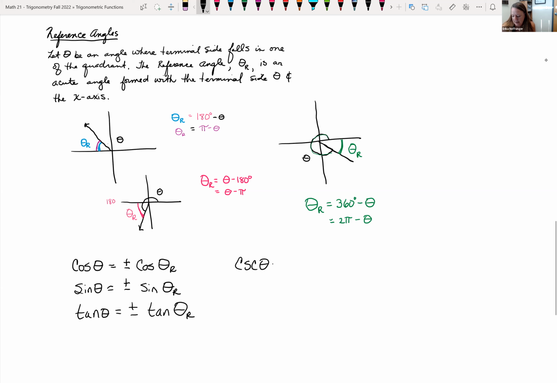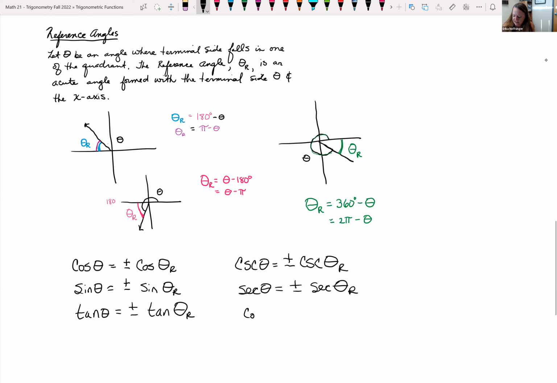Cosecant theta, same thing. It's either positive or negative, depending on which quadrant we're following. Cosecant theta sub r, secant theta equals plus or minus secant theta sub r.